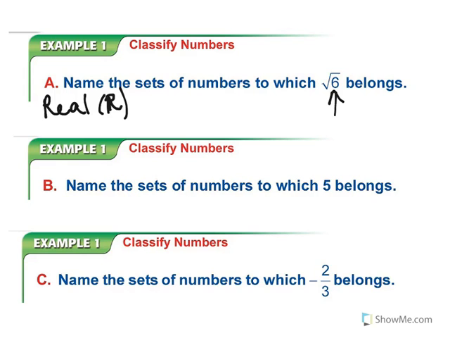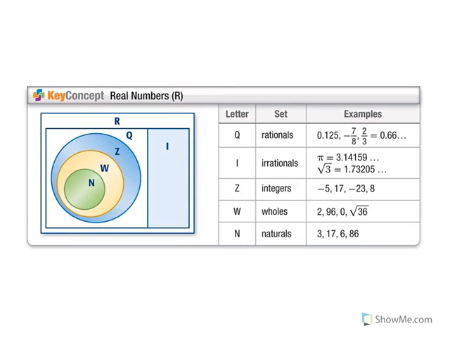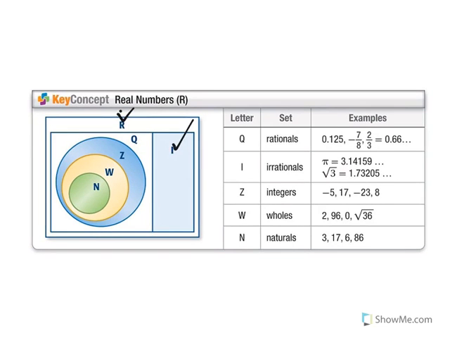Well, that falls under the irrational number category. So that's the only two categories it can be. If you take a look at your Venn diagram again, we knew that it was a real number, and we knew that it was a rational number. Well, since it was irrational, it can't be any of those.